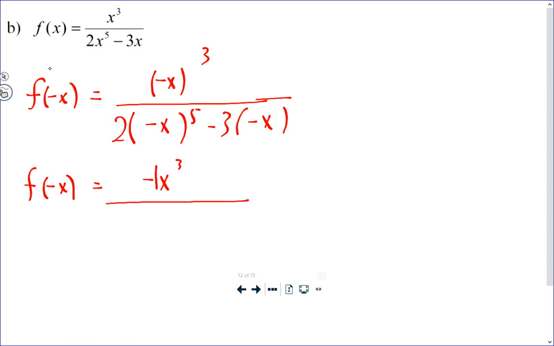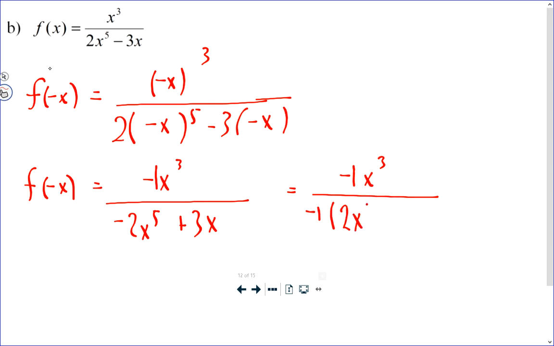On the bottom, negative x raised to the 5 gives you negative x to the 5 because 5 is an odd exponent. So you're going to get negative 2x to the 5. And then we end up with plus 3x. And we have to ask ourselves how that compares to the original function. Is it exactly equal to the original function? And it turns out it is. Because if I factor a negative 1 out of the bottom, I'll be left with 2x to the 5 minus 3x.